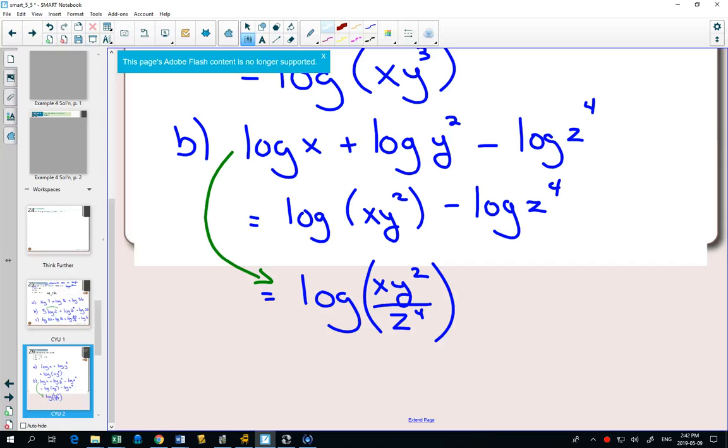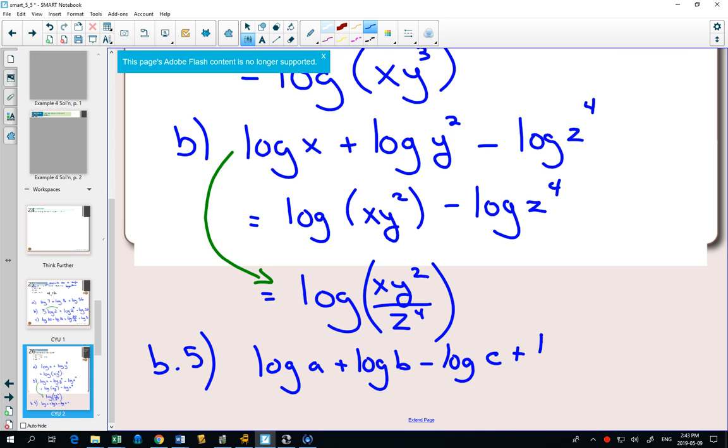It's not bad that you did it in 2 steps, but if we wanted to do it in 1 step, like if I had this question in between B and C, B.5: log A plus log B minus log C plus log D minus log E minus log F, wow. And I wanted to combine that to be a single logarithm.